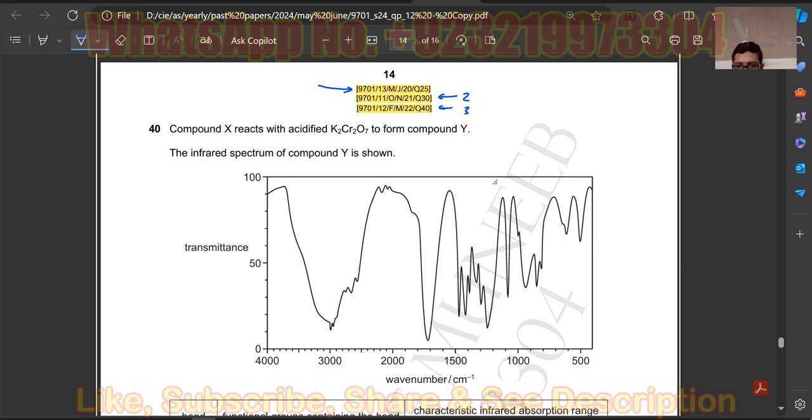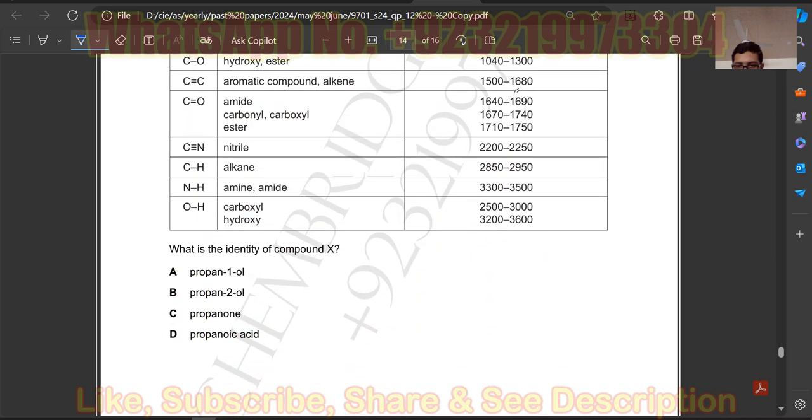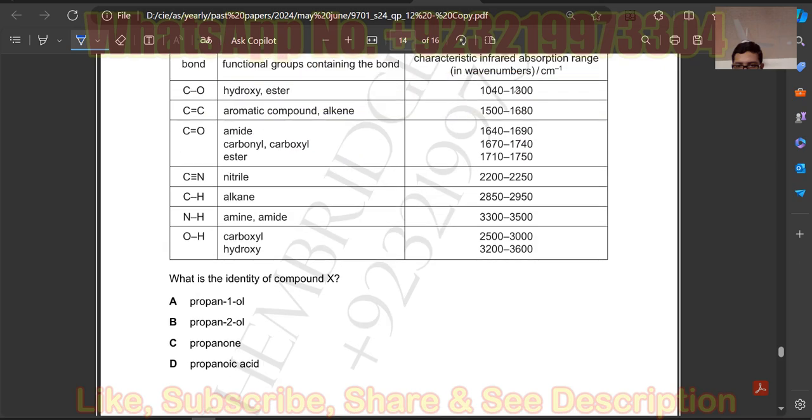Like this graph is a part of more than one graph. One graph will be the same one, this one, and the other graph will be different, but somehow these include the explanation of this graph. So you can find these three different references with their video links in the description section to know how to attempt this question. That's why I'm not going to attempt this question now.